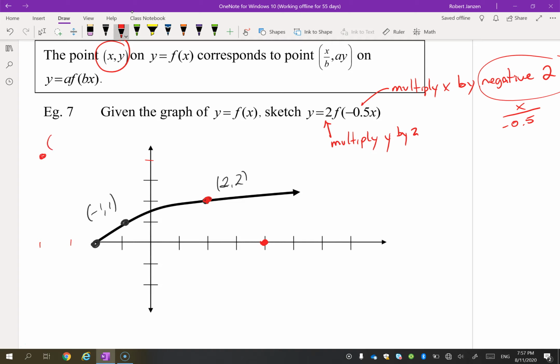This one's going to become negative 4, 4. Okay, just going to draw that a little bit different there, because I can see that one should be right here. All right.